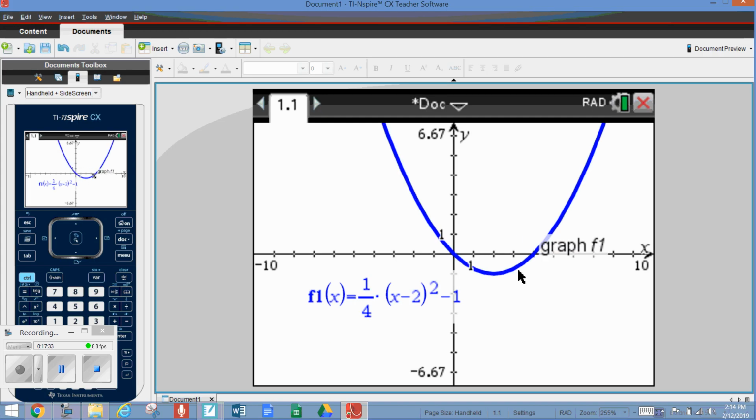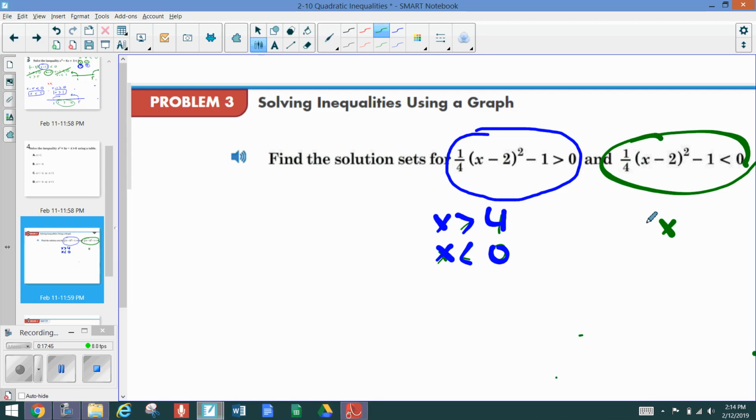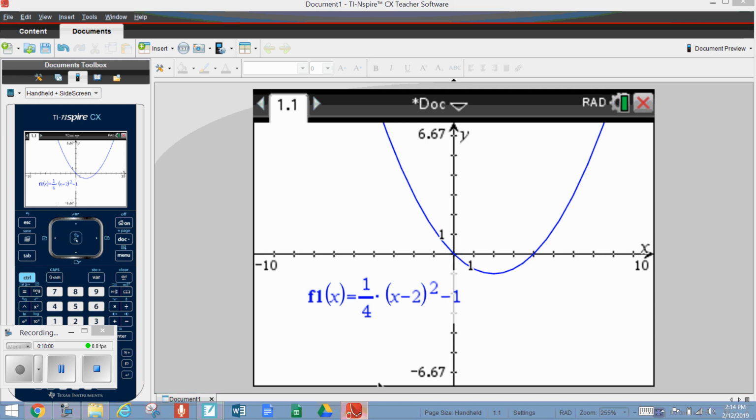Let's get back here. What part is less than 0? What numbers are in between 0 and 4, right? Good job. What are the numbers? 1, 2, and 3. Look at that. 1, 2, and 3 is going to be the solution for the second one.